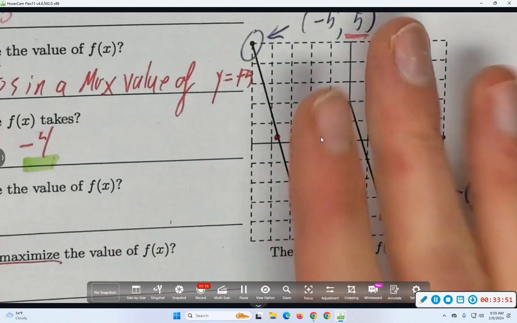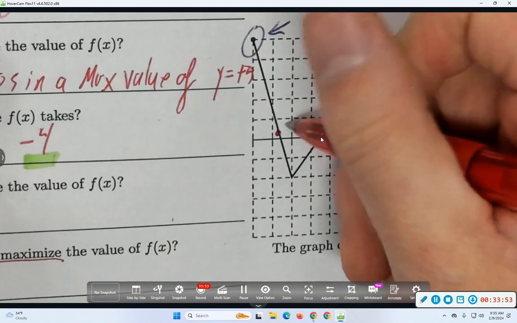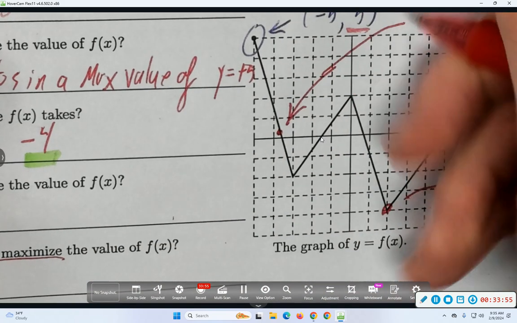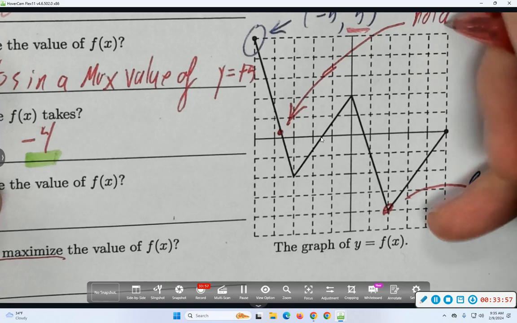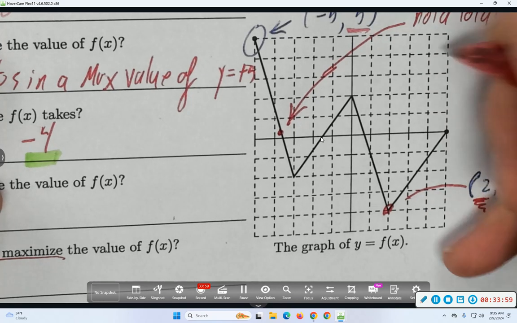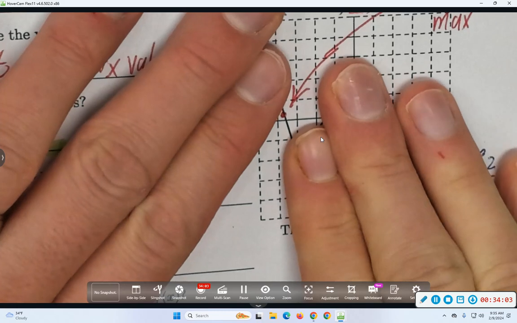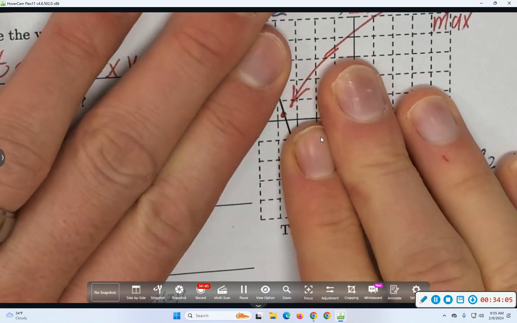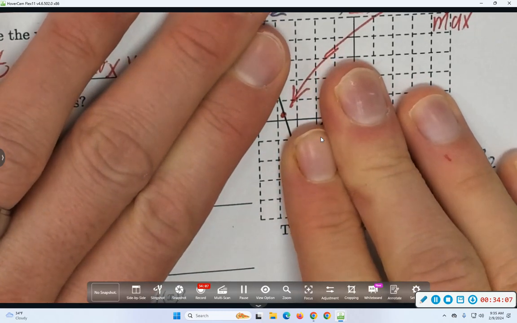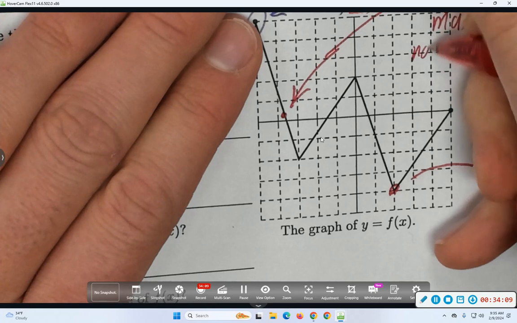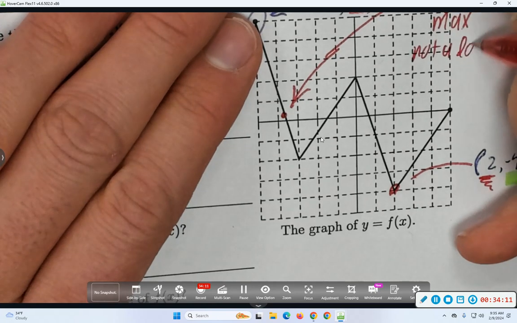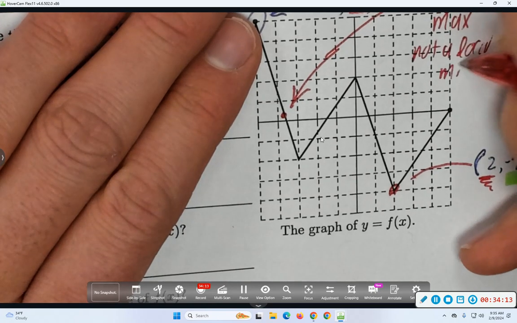Nope. So this is an example of something that is not a local max. Would you say that if you saw that much of the graph that red dot gives you a minimum value? It is also not a local min.